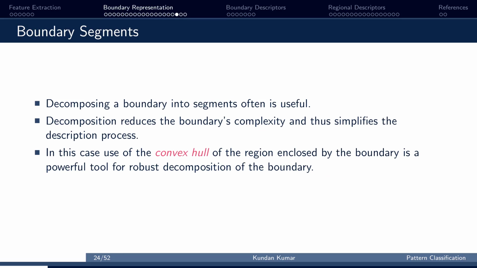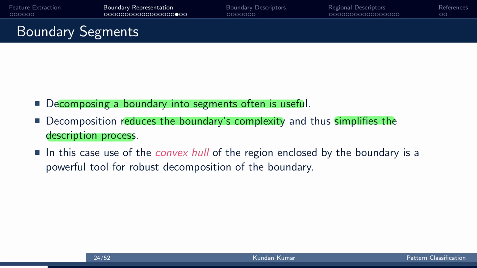There are some other approaches for obtaining line segments, or we can divide our boundary into different boundary segments. That means we have to find the critical points on the boundary. For that, we have to decompose a boundary into segments, and that is often very useful because it reduces the boundary complexity and also simplifies the description process.